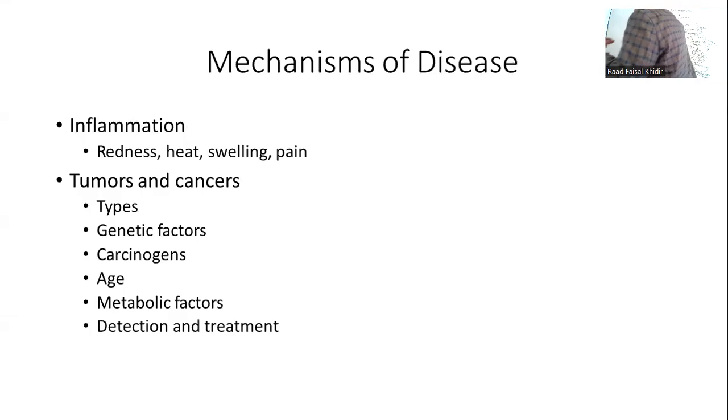But if the damage is so severe, the duration of the insult is so long, and the onset was so sudden and rapid, the intensity so severe, and the duration so long, then we progress from acute inflammation into chronic inflammation.